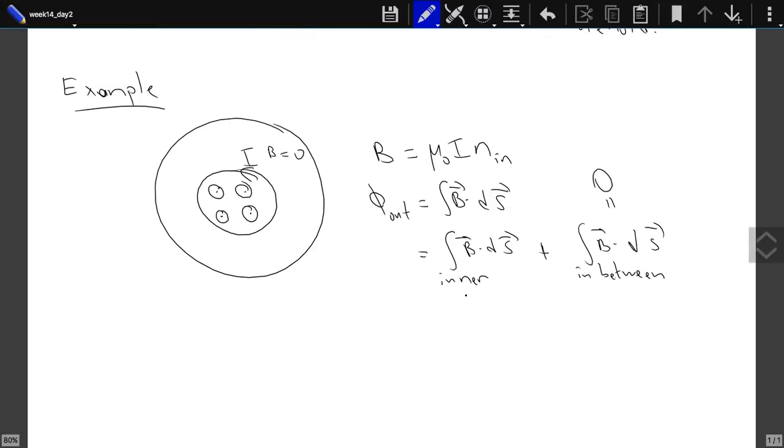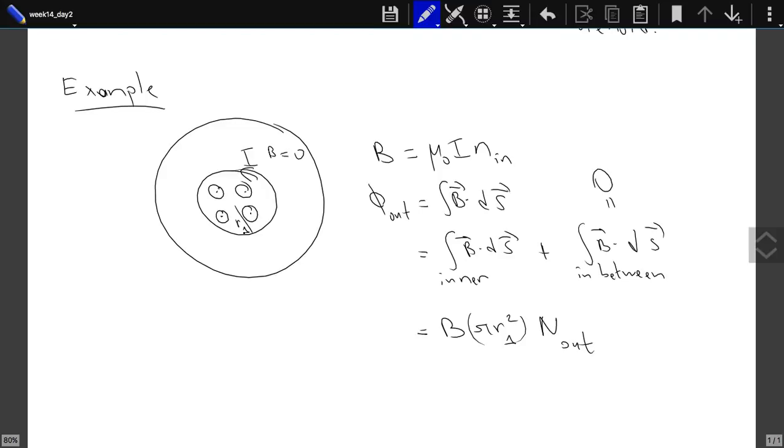So there's only the magnetic field inside the inner solenoid, and hence the flux created in the outer solenoid is nothing but the flux created in the inner solenoid, so it is equal to B times pi R1 squared times N out. So it is still R1, because outside of the inner solenoid there is no magnetic field.